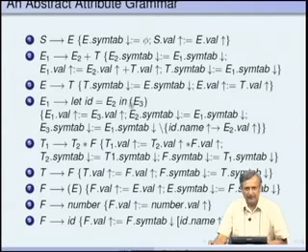But the symbol table for E3 is very different. The symbol table for E3 is the symbol table of E1 with the name E2 dot val pair overriding any similar name within E1 dot sim tab. So, this operator backslash is nothing but the overriding operator that we are going to define.